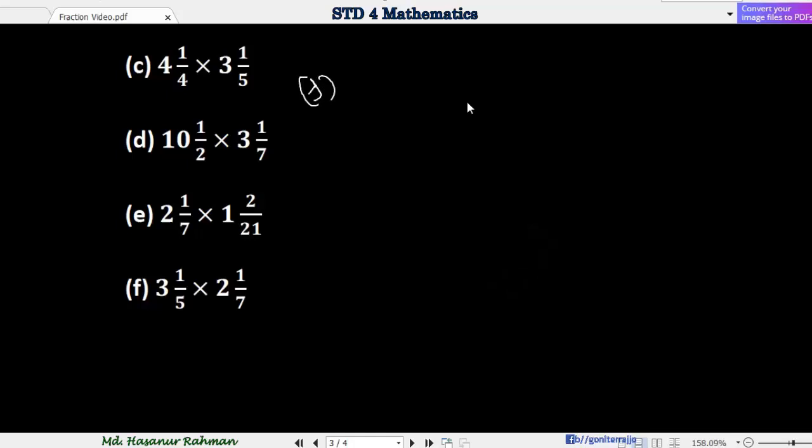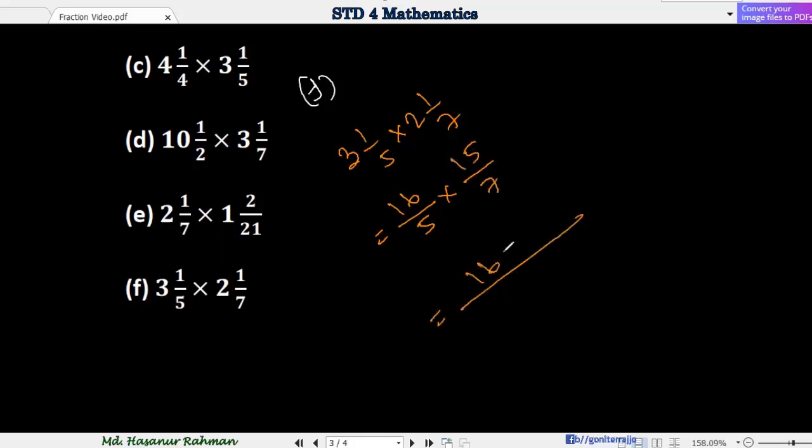Now number F. Number F says 3 whole 1 by 5 multiplied by 2 whole 1 by 7. So 5 threes are 15 plus 1, that is 16, multiplied by 7 twos are 14 plus 1, that is 15. So we have to multiply the numerator, we have to multiply the denominator. So 15 divided by 5, that should be 3.